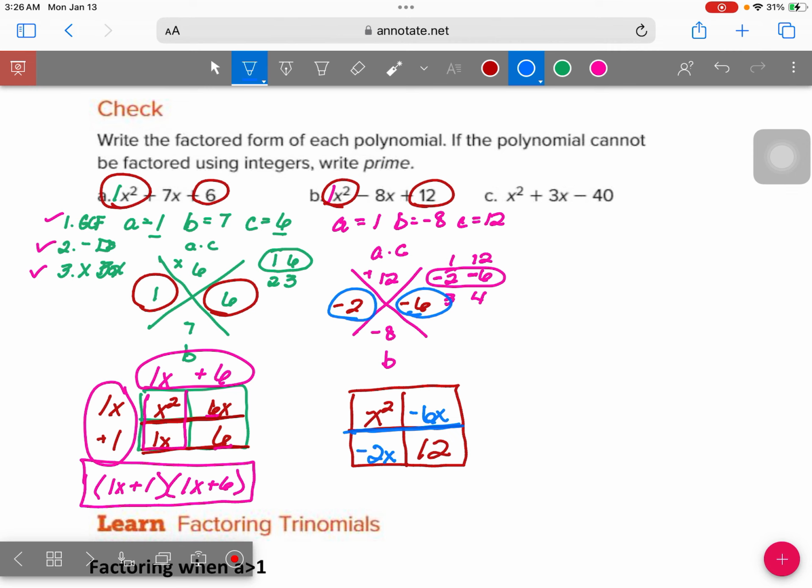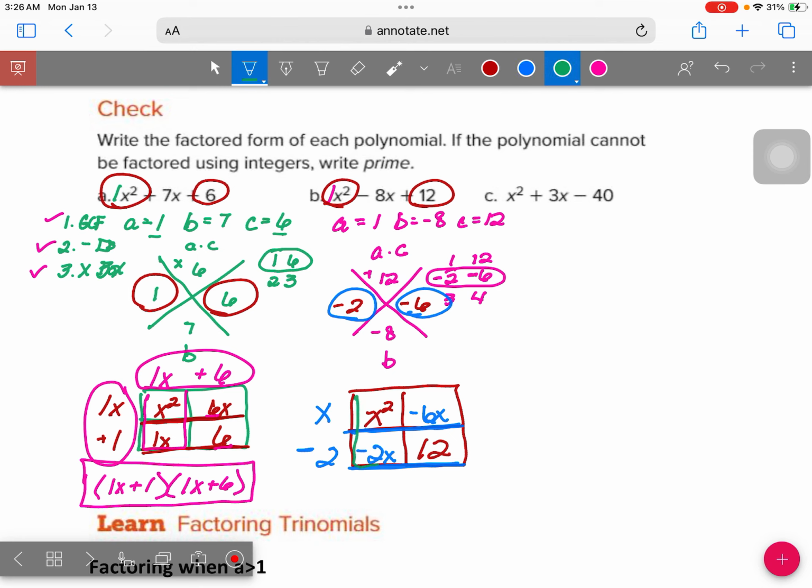And x squared and x, the greatest common factor is going to be 1x. -2, that is my first number that I'm looking at. I need to factor out that negative with it. And 2 is also a factor of 12. There's an x, but the second one doesn't have an x, so that is my factorization there.